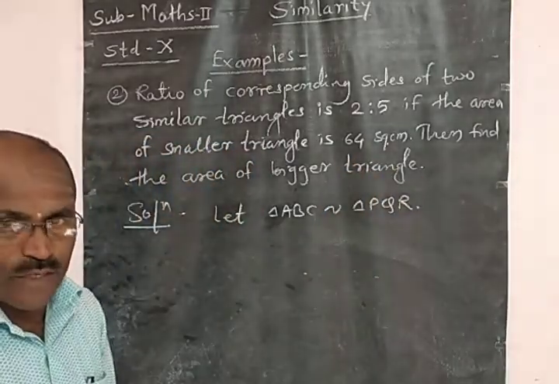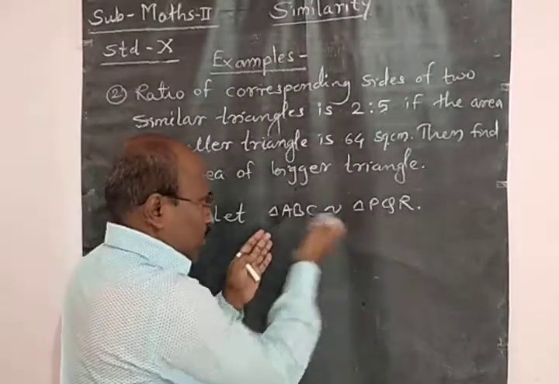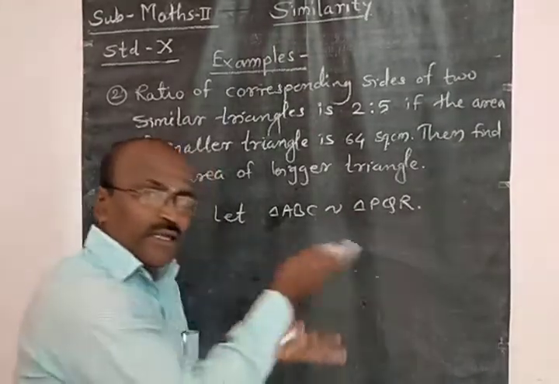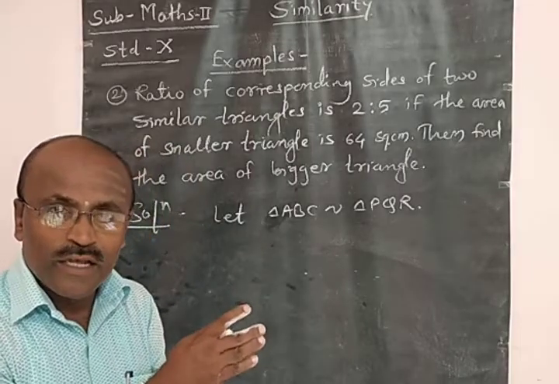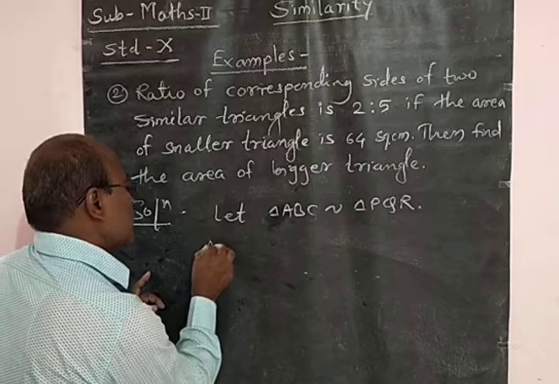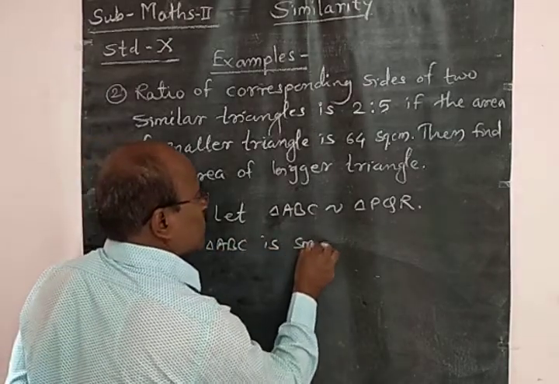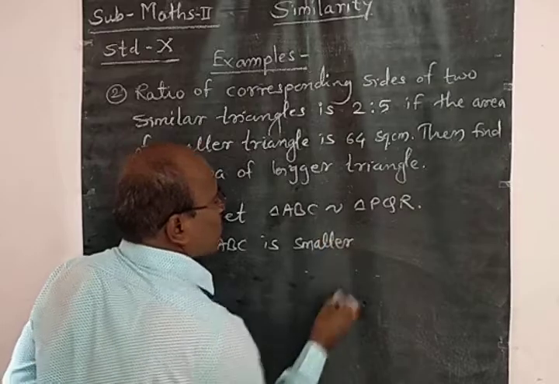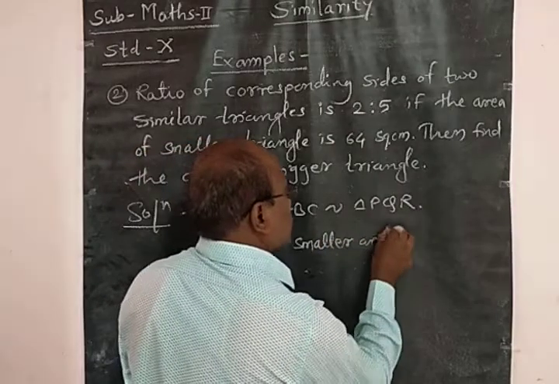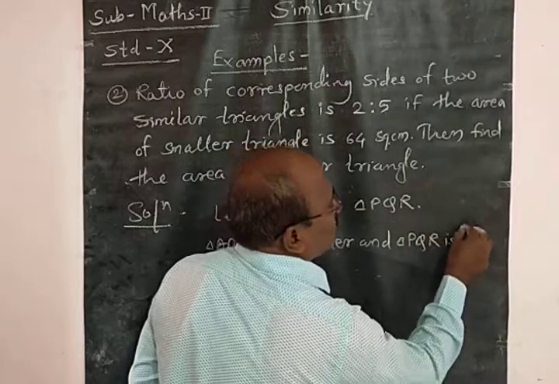These two triangles are similar. Here we have to assume that. And then out of these two triangles, any one is smaller and another is bigger. So here triangle ABC is smaller and triangle PQR is bigger.